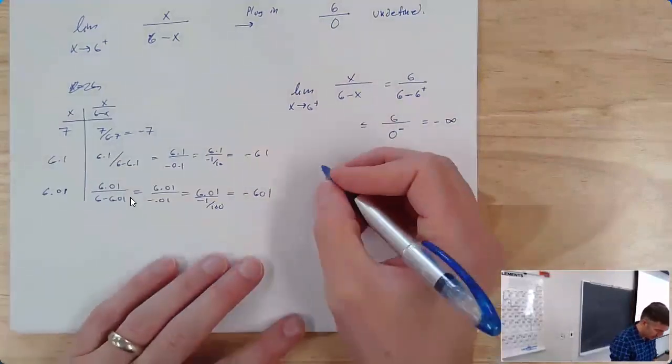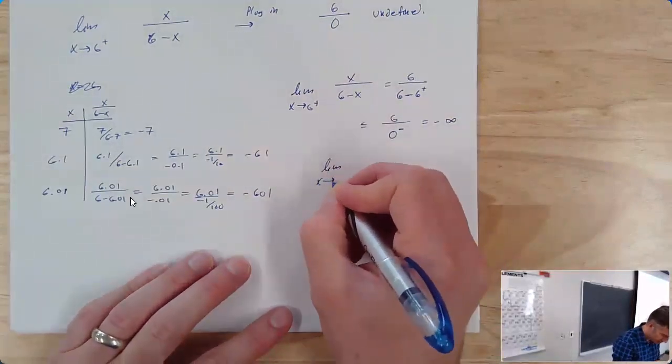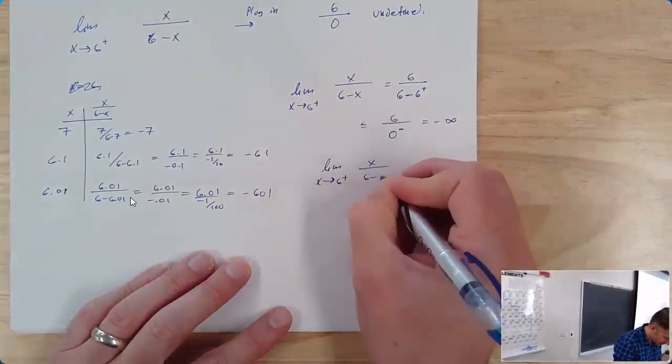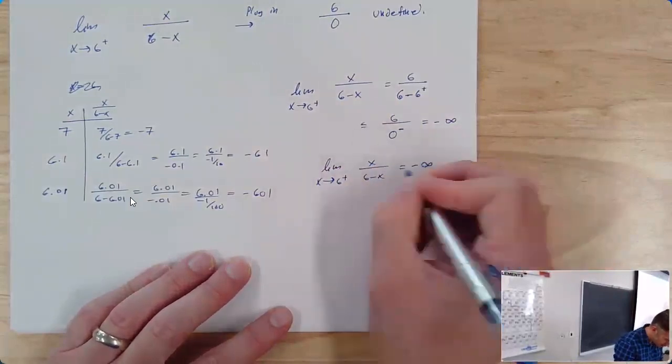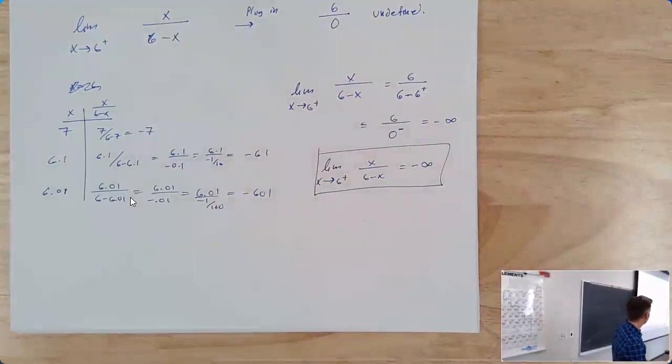So what I would say is the limit as x approaches 6 from the right of x over 6 minus x does not exist, but it does not exist specifically in a way that is getting more and more negative. So we write that the limit is equal to negative infinity to indicate that we know what has happened.